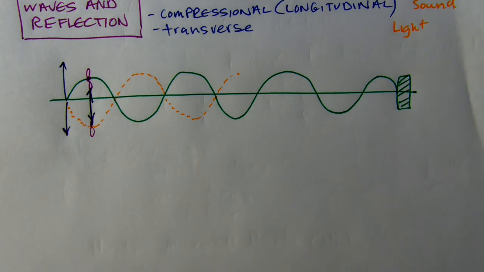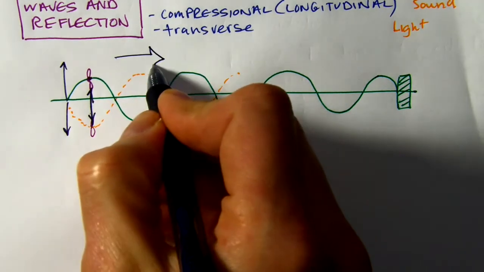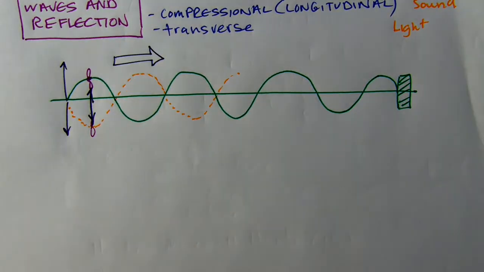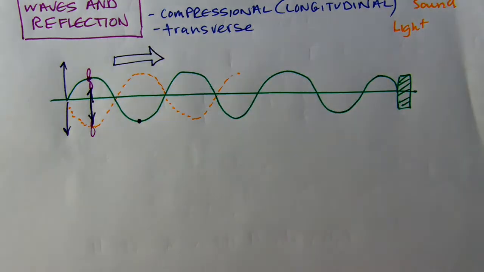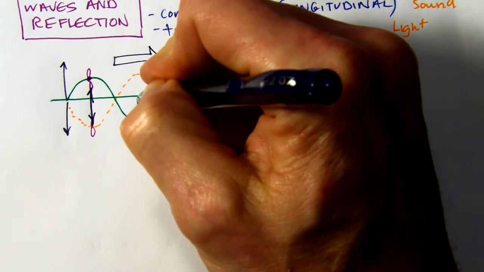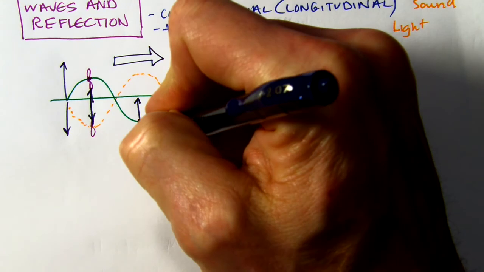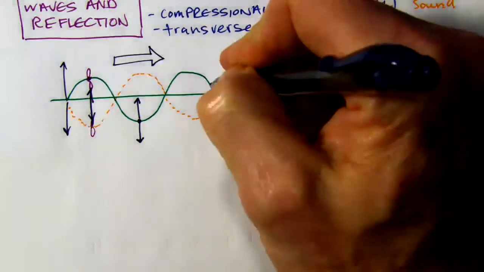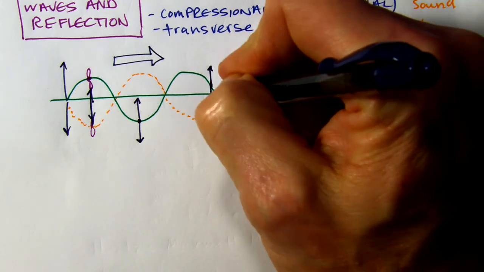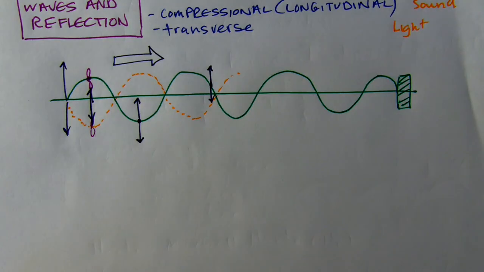While the wave appears to be going toward the barrier, it really isn't. If we look closely, we could sit in class and watch how this particle is only going up and down. That's really all that's happening here.